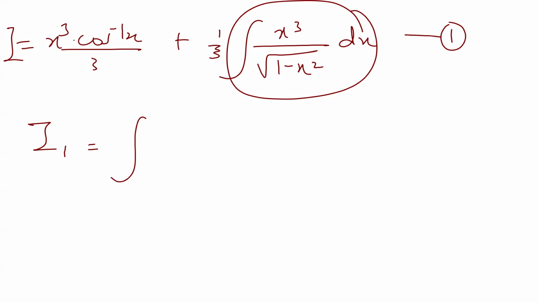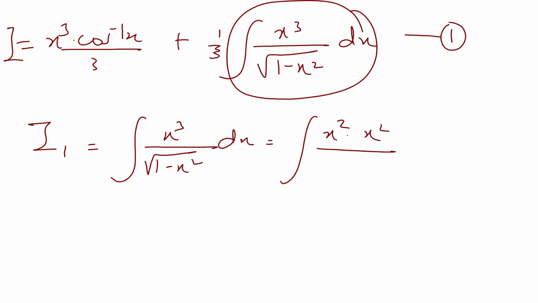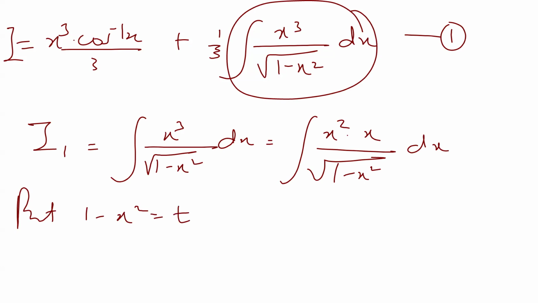I1 is equal to integration of x cube upon root 1 minus x square dx. So I'll just write this as x square into x. X cube is x square into x, upon root 1 minus x square dx. Put 1 minus x square equal to t. So this part is equal to t. Okay, method of substitution.